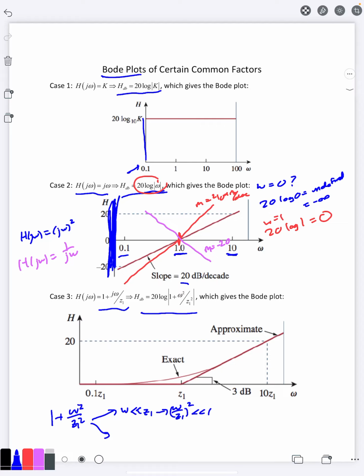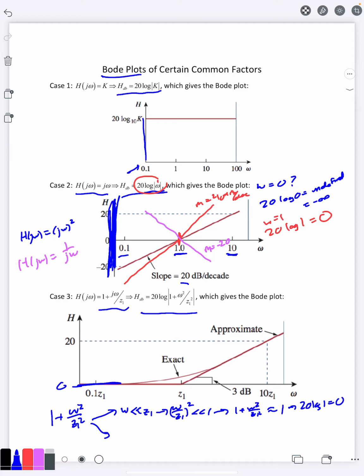Then your term 1 plus omega squared over z1 squared is going to be basically just 1, and 20 log of 1 is 0. So that's why in my graph it starts out being just flat with a value of 0.